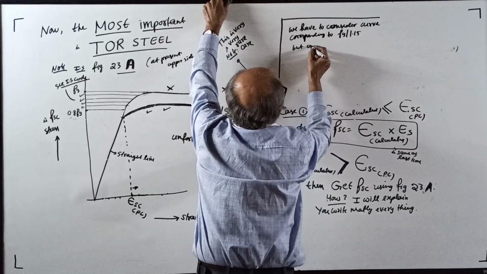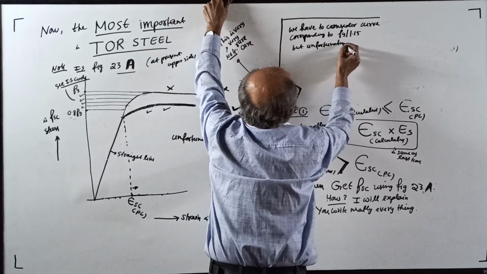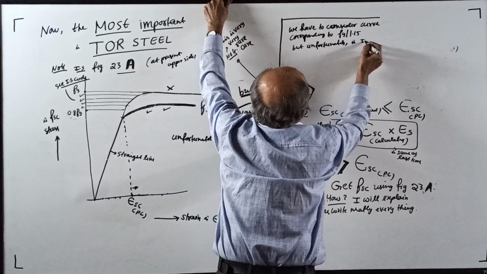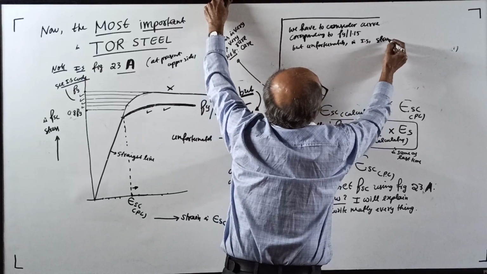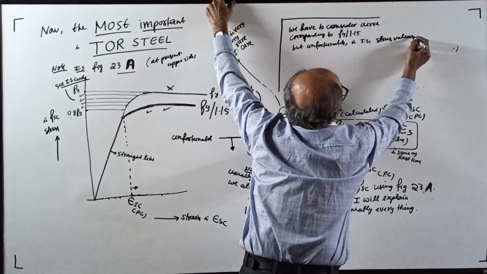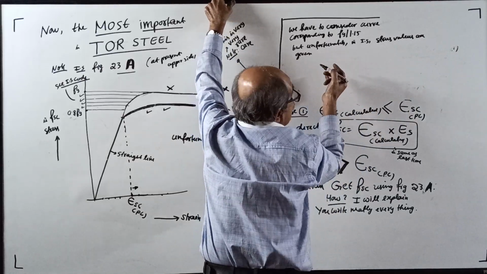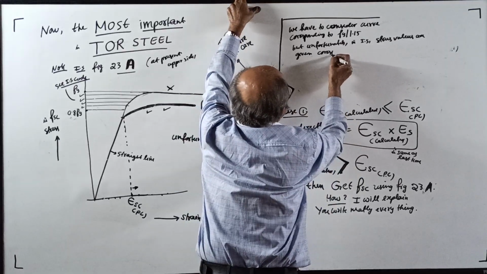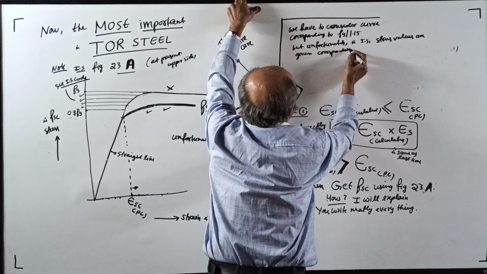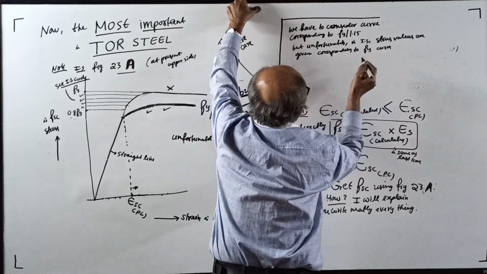But unfortunately, in the IS code, stress values are given corresponding to the Fy curve. I am writing roughly because I am dictating. You can write here, Fy curve.